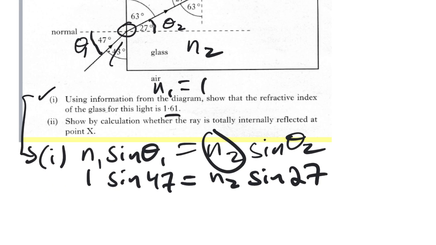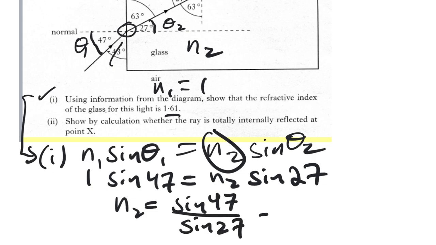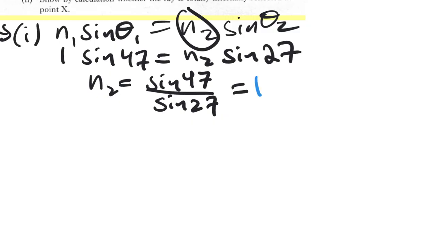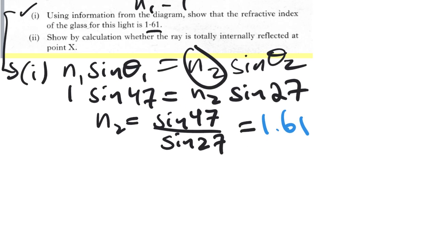So rearrange this. N2 equals sine of 47 divided by sine of 27. So I get 1.61 for N2, which is what I just proved that it was what they thought it was.